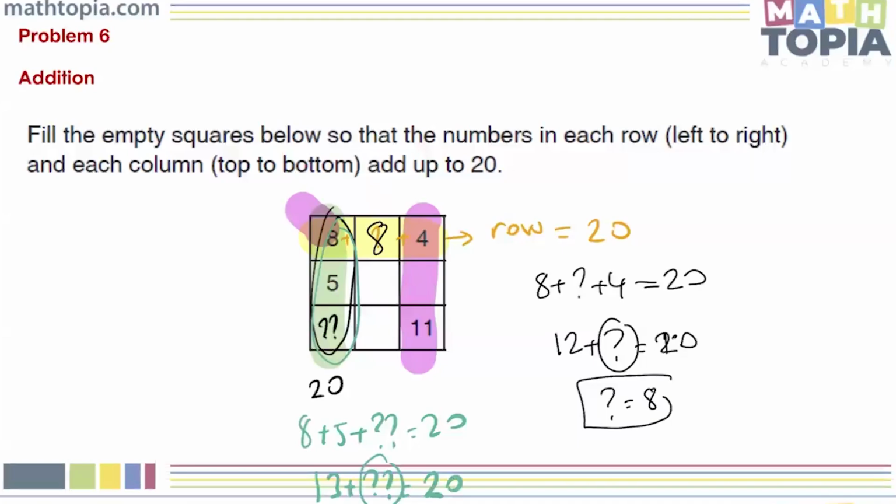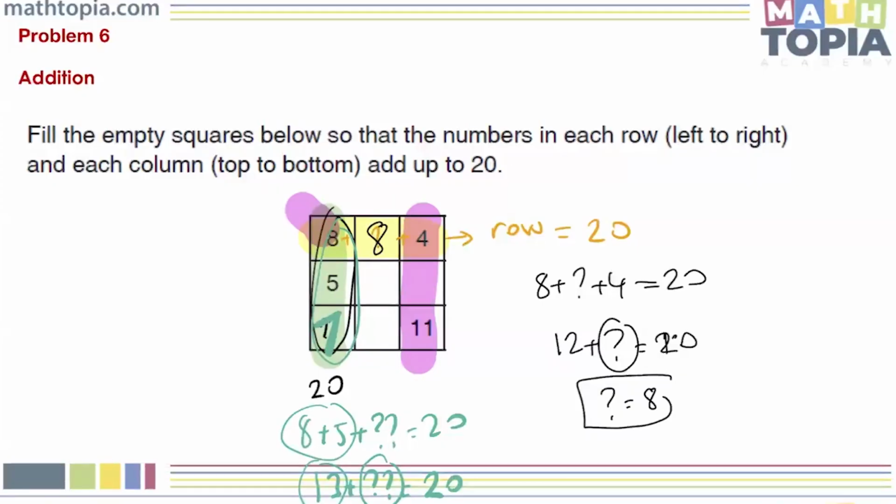What question mark gives you 20? Which is 7. 7, right? Why? Because 13 plus what number gives you 20? Good. Then who wants to do the pink one?